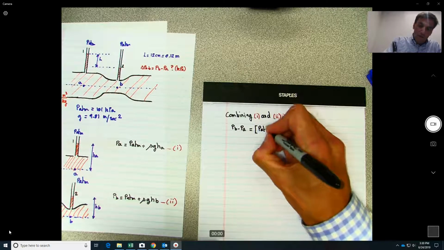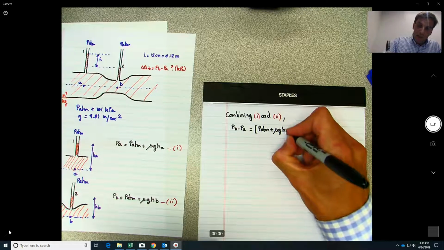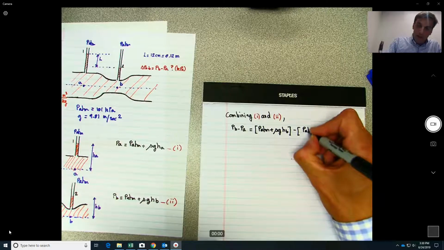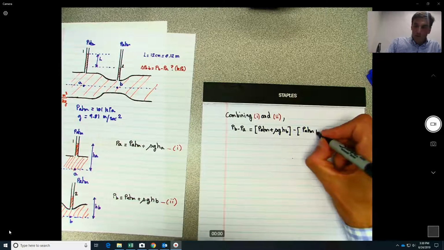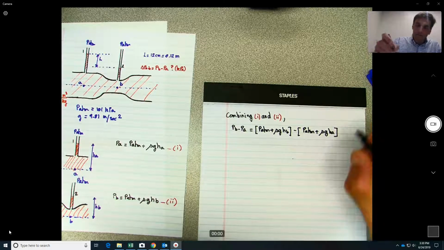P atmospheric plus rho G HB minus P atmosphere plus rho G H sub A.